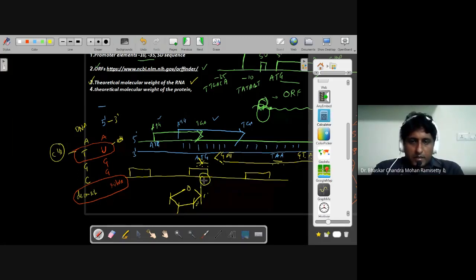So I'll just put this as nitrogen base, and you have 1, 2, 3, 4, and this is the fifth one, CH2OH. So you have something like this, OH, and the deoxyribose and ribose.